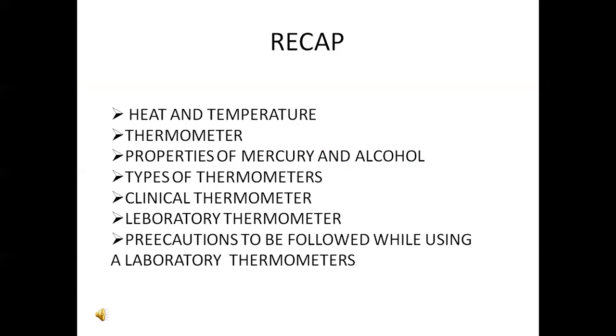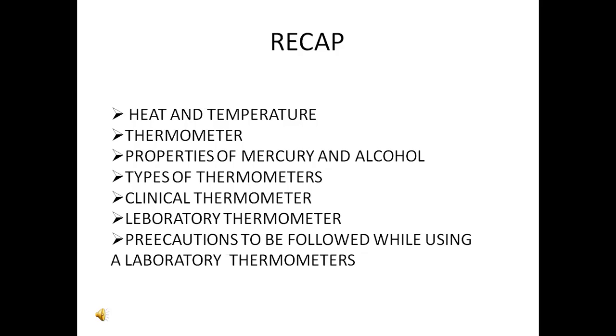Let's recap what we learned in the previous session from this heat and temperature lesson. Heat and temperature: what is heat and what is temperature, and their examples. Next, the thermometer. What is a thermometer?